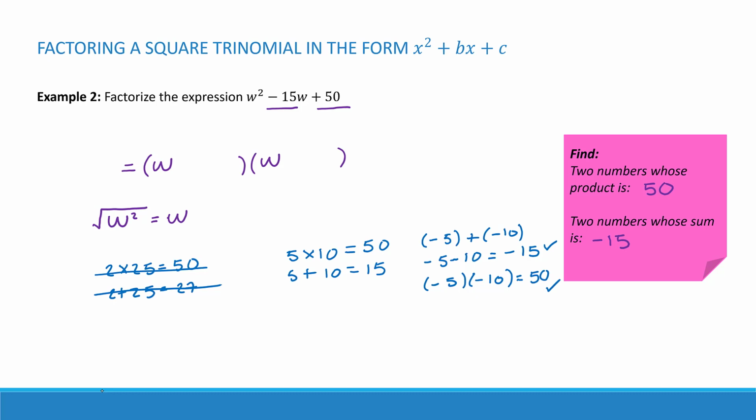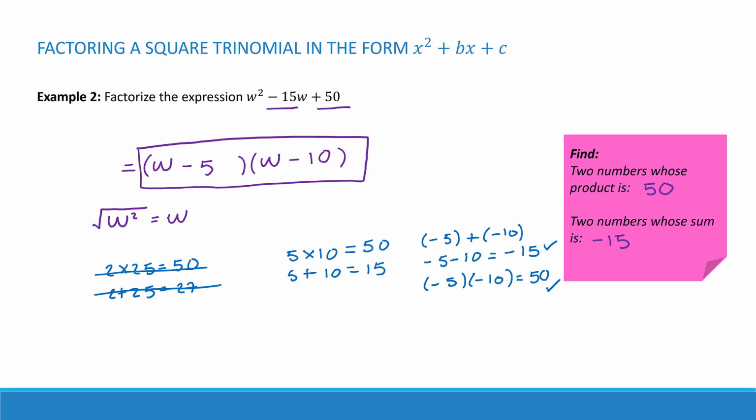So that means that the second terms that we need in our parentheses are minus 5 and minus 10. Minus 5 in one of them and minus 10 in the other one. And this is the solution to our trinomial, because minus 5 times minus 10 gives us positive 50, and minus 5 minus 10 gives us minus 15.